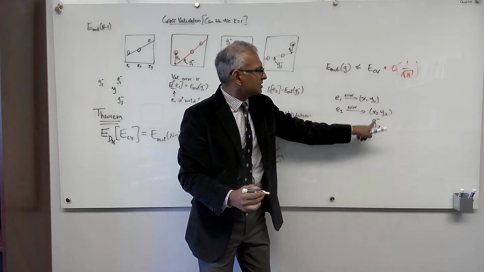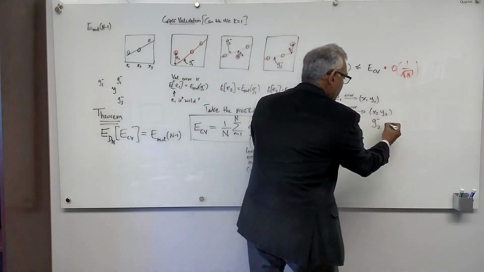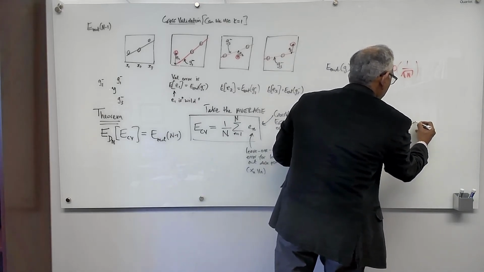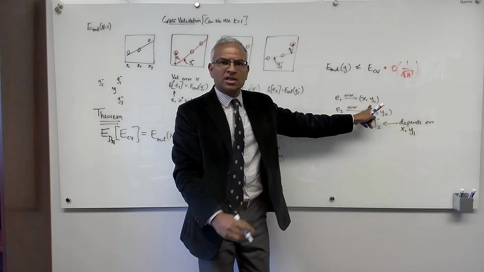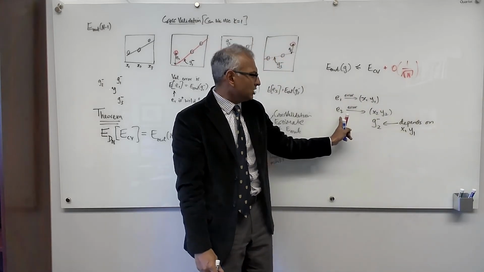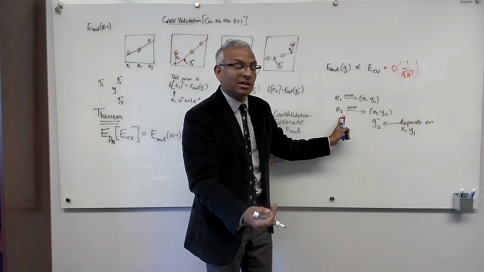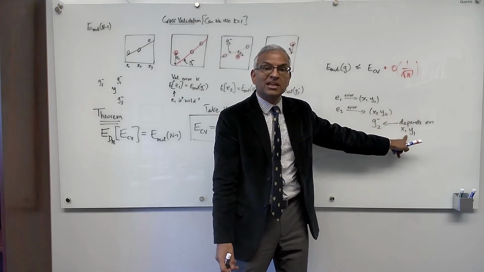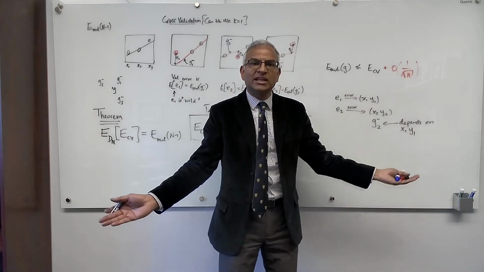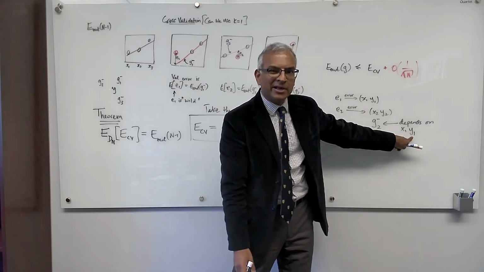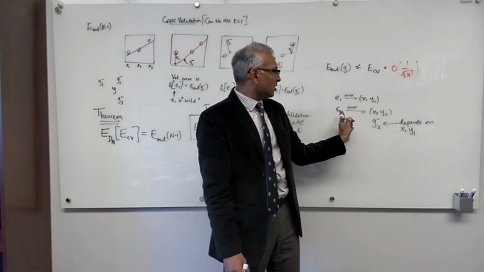But G2 minus depends on x1, y1. So E1 depends on x1, y1, the first data point, and E2 also, in a very subtle way, depends on the first data point x1, y1, albeit not that much, because G2 depends on n minus 1 data points. So the influence of x1, y1 is not very large on E2.